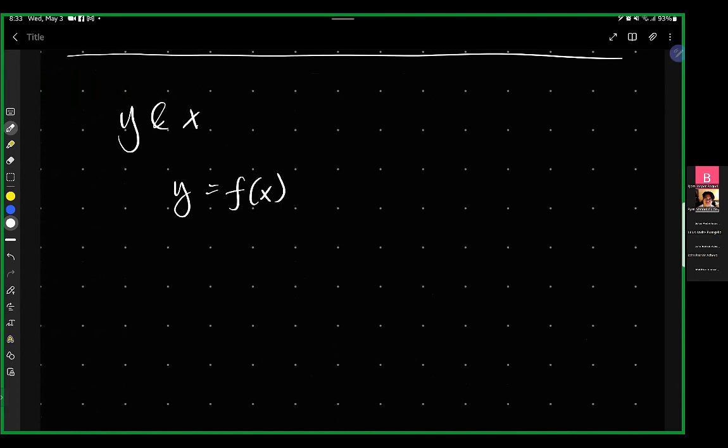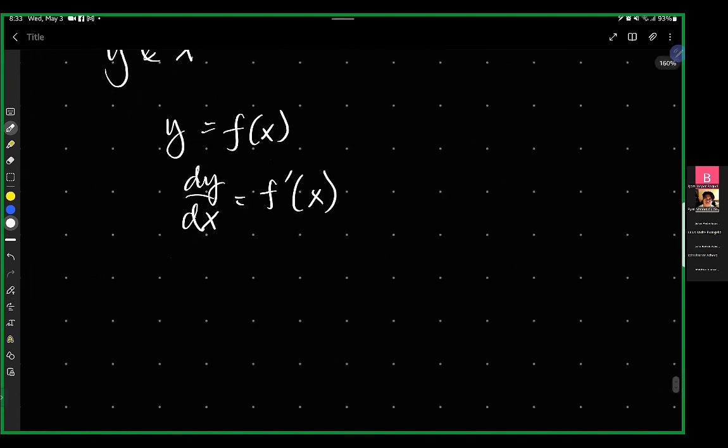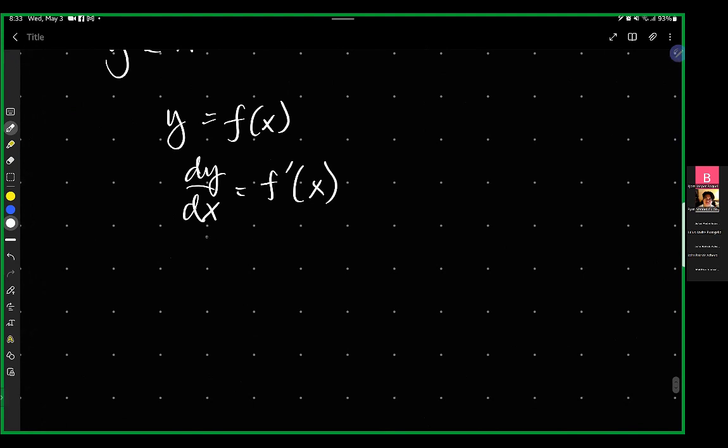Okay, and we know that the derivative of y with respect to x gives us f prime of x. So this is the definition of that. So for implicit differentiation, remember that when you differentiate y, it will give you dy dx.